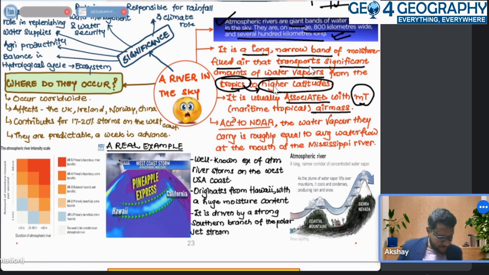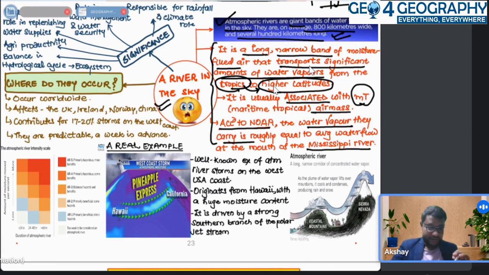According to NOAA, that is a US agency, the water vapor they carry is roughly equal to the water flow at the mouth of the Mississippi River. Yes, that Mississippi River is basically on the eastern coast of North America. And this is what this river in the sky, that is atmospheric river, is.